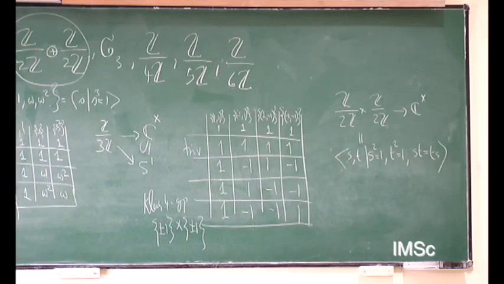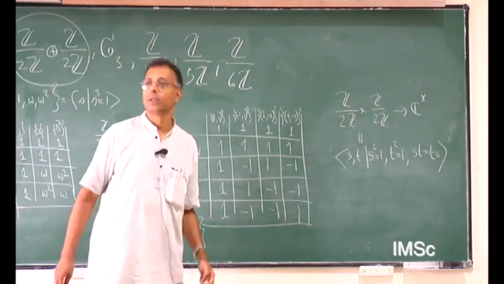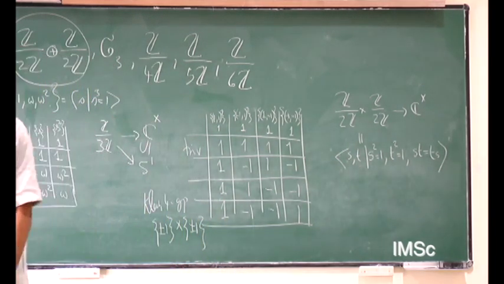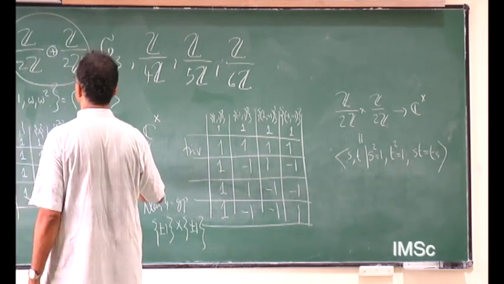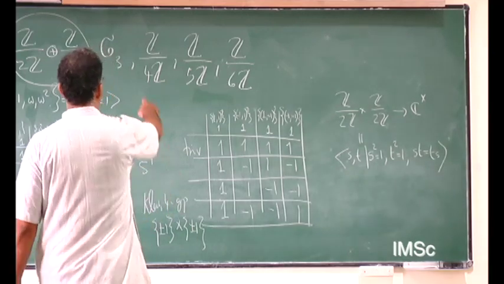And once again, whatever names you want to give them, you could call them chi 1, chi 2, chi 3, chi 4. Is this clear?